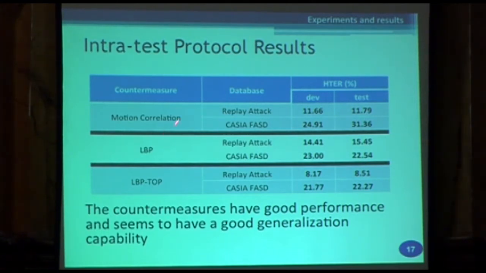The countermeasures have different performances with different databases. But one important thing is that the countermeasures seem to give good generalization capability. If you observe the performance in the development set that we use to tune the countermeasures, it is quite similar to what we got in the test set of the databases, except for this one.